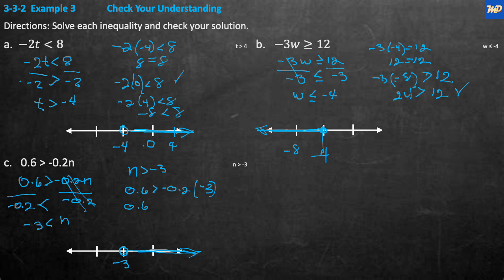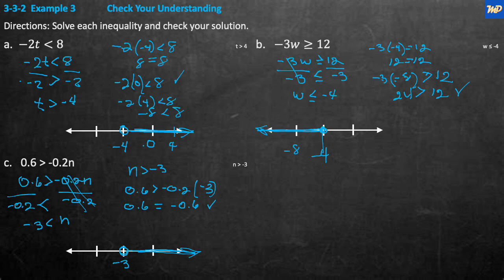We always want to do the equal part first to check the solution. Is it equal to 0.6? Yes, negative 0.2 times negative 3 is 0.6. So that is yes. The solution is correct in terms of the numeric value, the equals part, although the solution doesn't include equaling the negative 3.